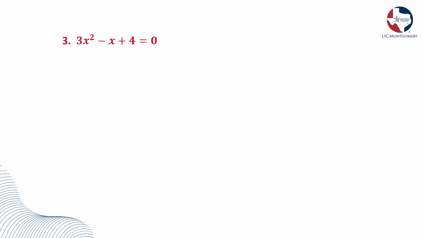On our last example here, we have 3x squared minus x plus 4. So applying the quadratic formula, knowing that a is 3, b is negative 1, and c is 4, that will give us x equals negative negative 1 plus or minus the square root of negative 1 squared minus 4 times 3 times 4, all over 2 times 3.